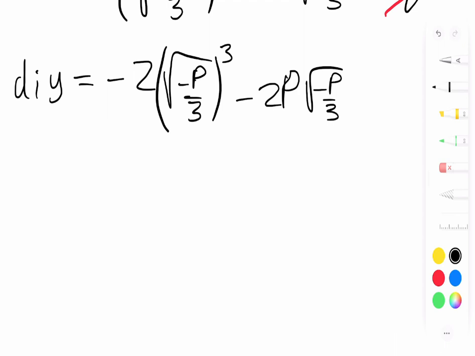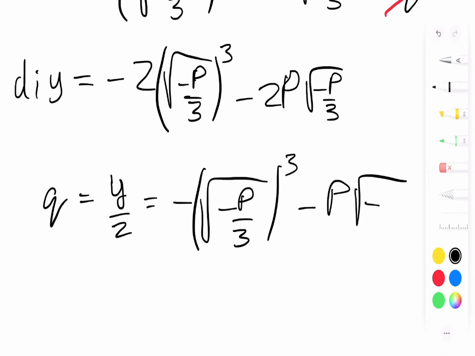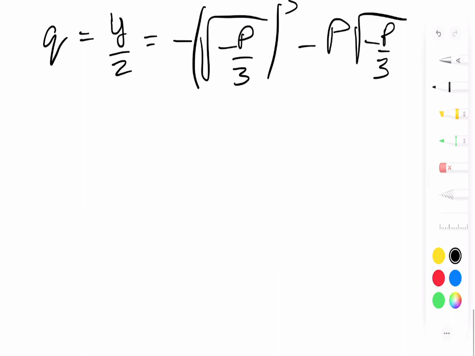So, we have q equals y over 2, which is equal to minus the cube of minus p over 3, minus p times the square root of minus p over 3. And now we're just going to multiply out the brackets. So not the brackets, I'm going to actually cube it.